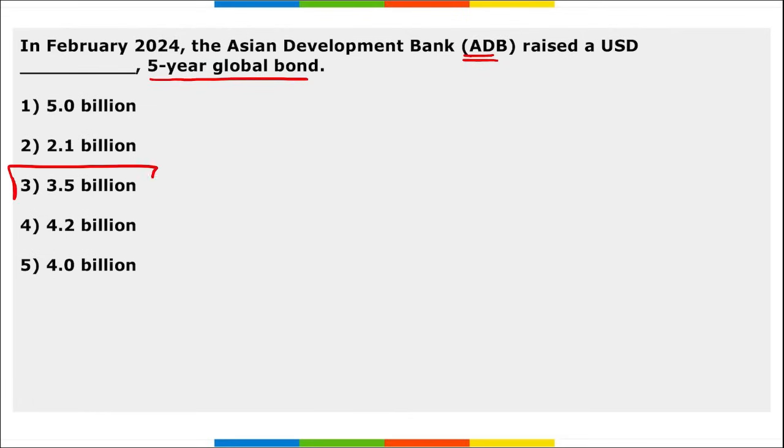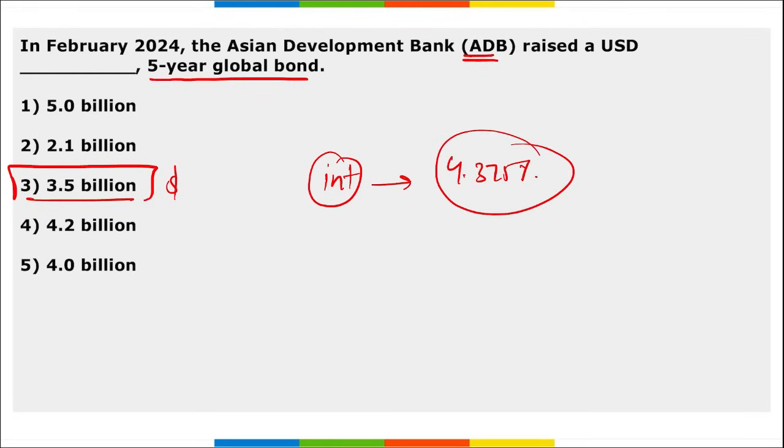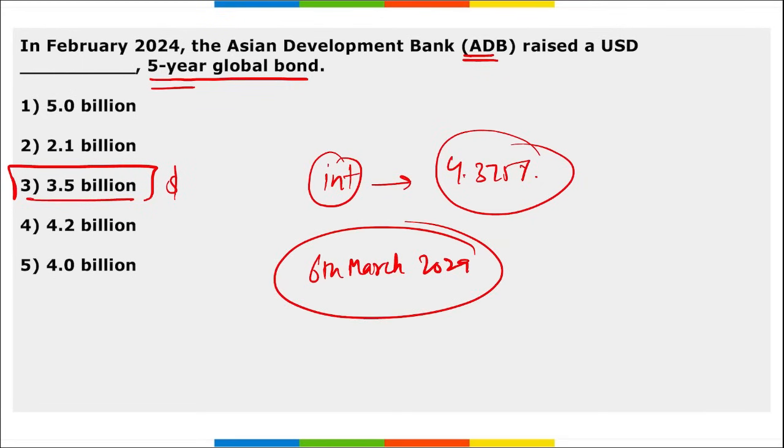So, Asian Development Bank has raised $3.5 billion. $3.5 billion was raised, and if asked about the interest rate that will be provided to this 5-year global bond, it will be 4.375% per annum. And as it is a 5-year global bond, maturity date will be 6th of March 2029. Correct? Take a note of this also.